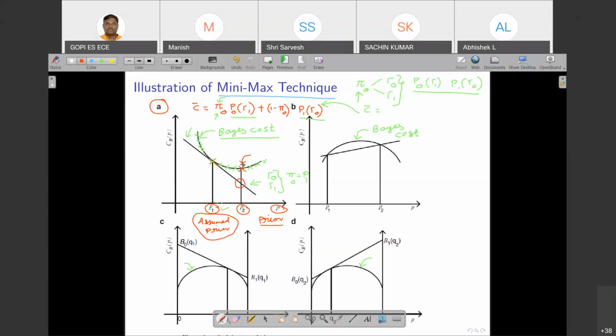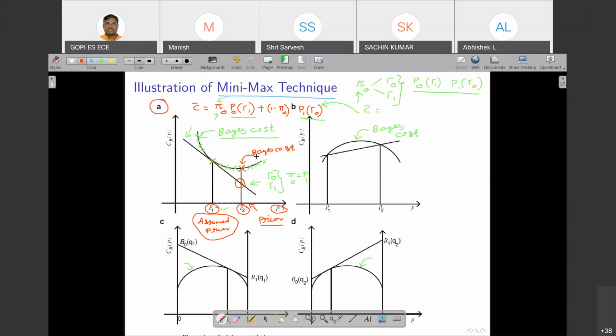Whatever is on that curve is the Bayes cost, and whatever you see on the straight line, this point, is what you actually get because you already designed the Bayes detector for P1 and your prior probability changed to P2. In that case, the cost you get is here. But if the prior probability is P2, as per this original method, this Bayes cost is greater than what is marked at the bottom, which is not correct.